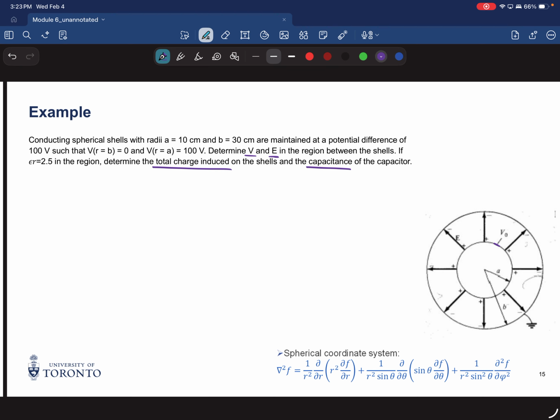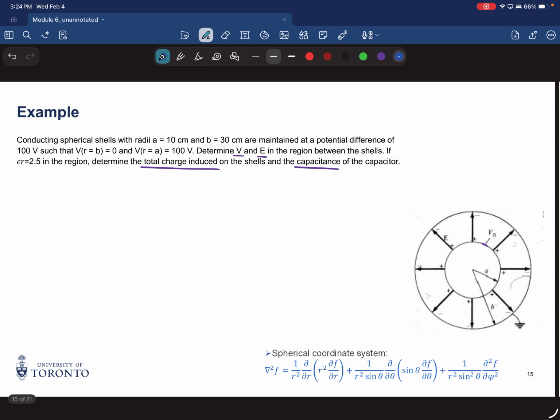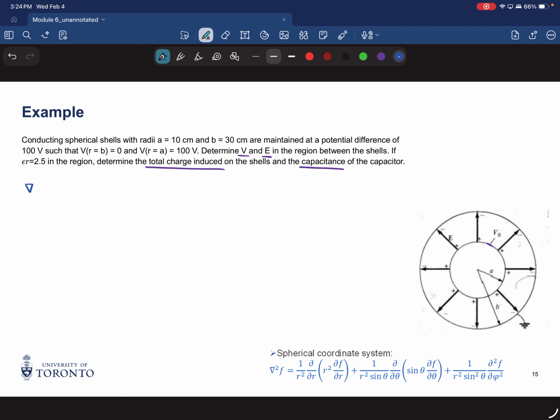Immediately think of the Laplacian equation. So let's do that. The Laplacian of V is 0. Do you remember what we did here? Which coordinate system should I use?